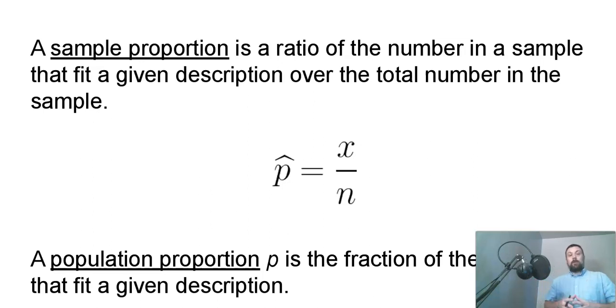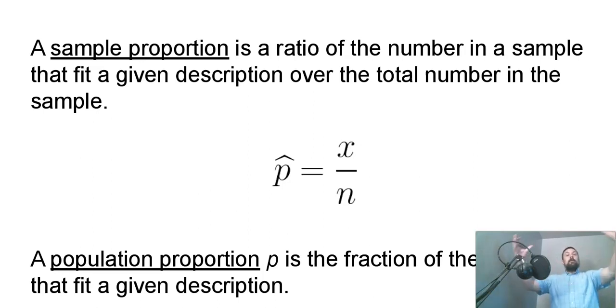So a sample proportion is a ratio of the number in a sample that fit a given description over the total number in the sample. Let's say we have a sample of ACT scores. We've collected a sample of ACT scores from a group of students. We don't have the entire population, but we have a sample. And maybe we're interested in knowing what portion of students score over 20 on the ACT.